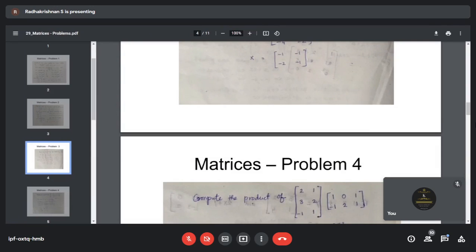The number of columns of the first matches the number of rows of the second, so only then can we multiply. The result will have the rows of the first and columns of the second, so that is a 3 by 3 matrix.